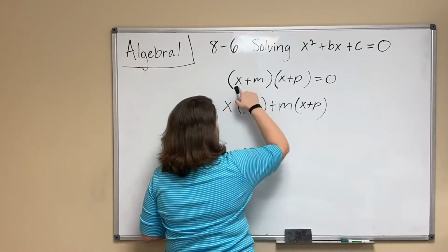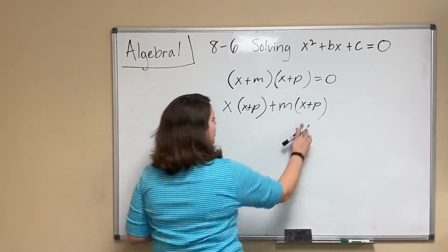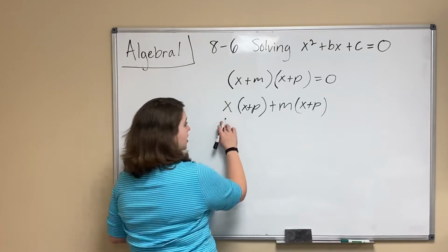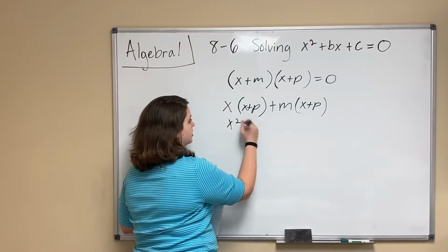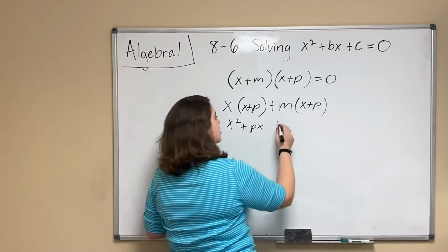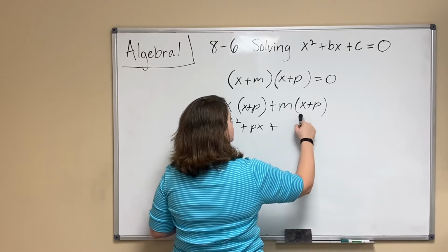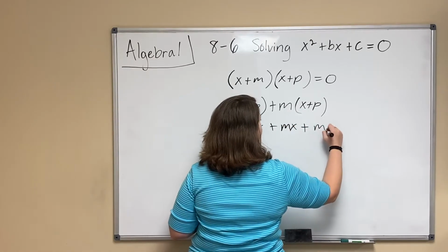We're multiplying each piece of this by each piece of this. And then once I got this far, I would distribute. X times x is x squared plus x times p, which is px, plus m times x, plus m times p.